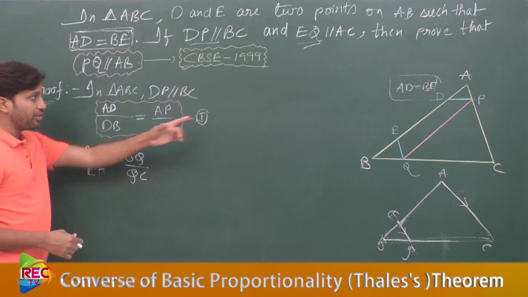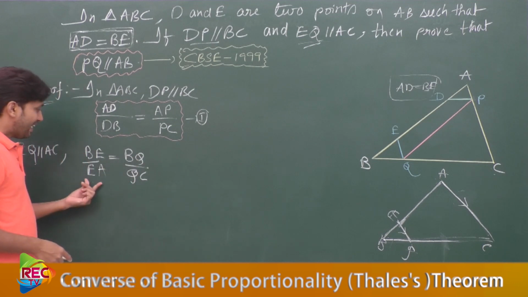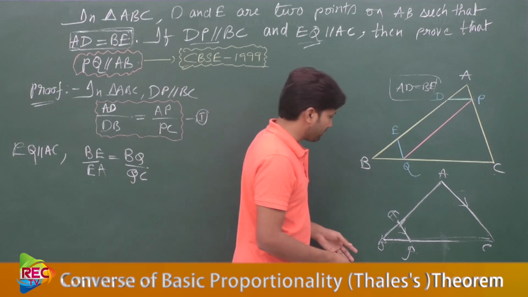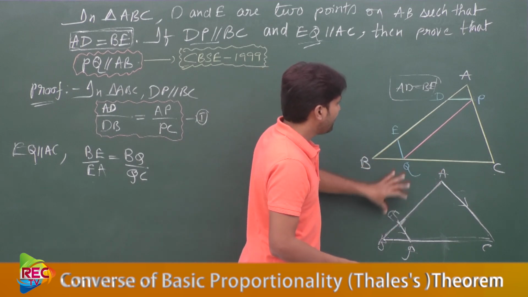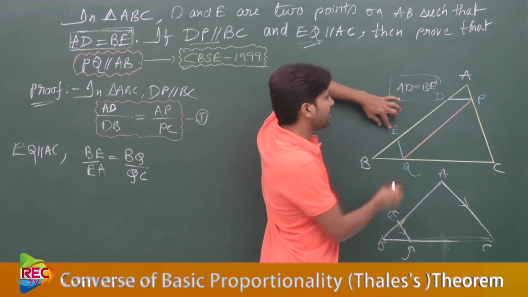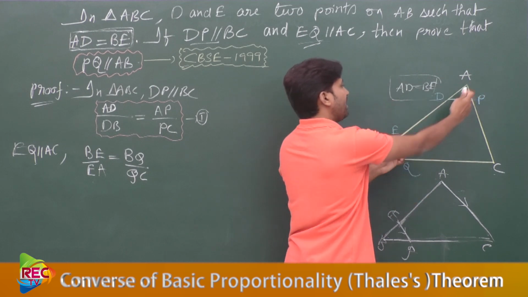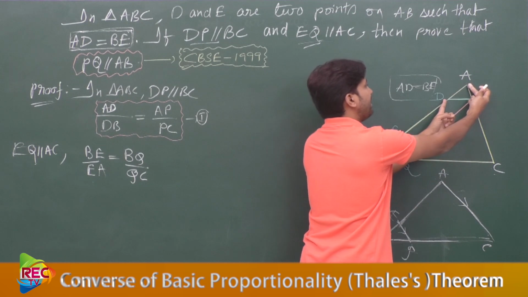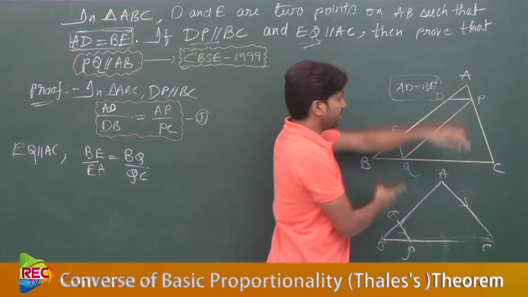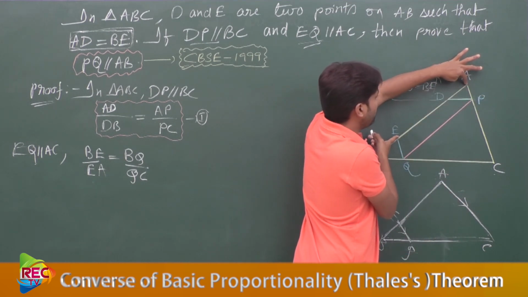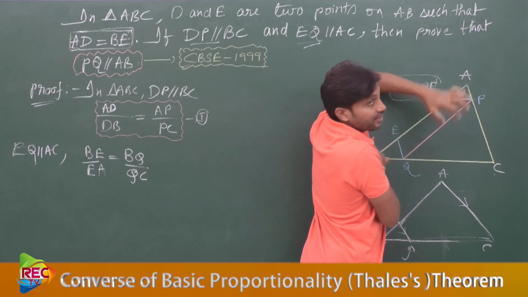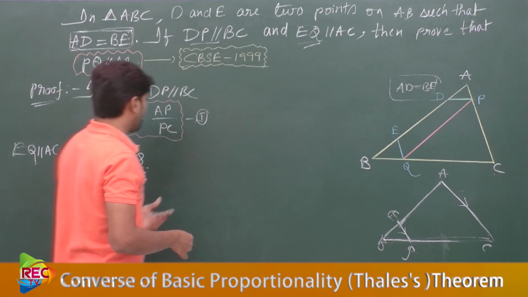Here BE is equal to AD we can put, and EA we can split or not. EA can be split into the sum of ED plus DA. Exactly, EA can be split into ED plus DA.